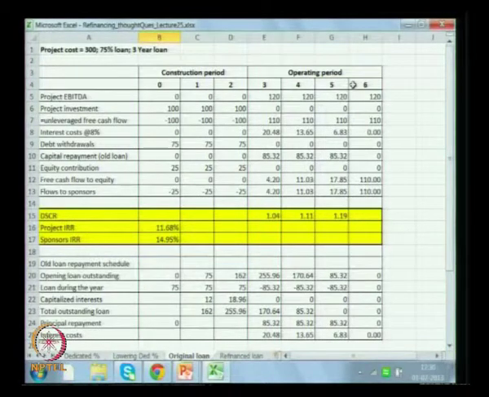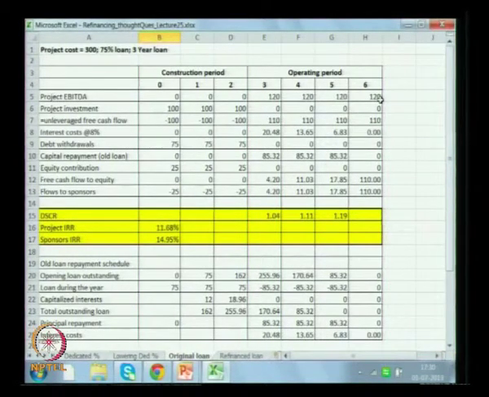And we have the project estimated EBITDA. During the construction period obviously there are no revenues, so the project EBITDA is 0, but during the operating period the project gets some revenues, and we estimate it to be 120 in each of the periods.